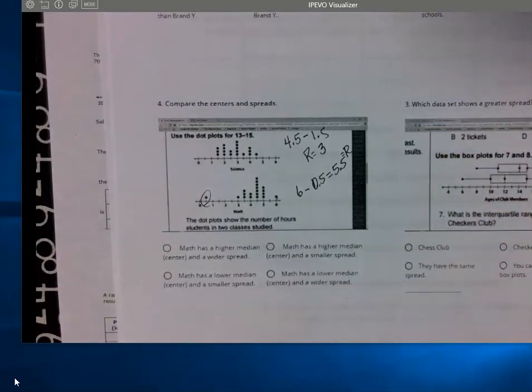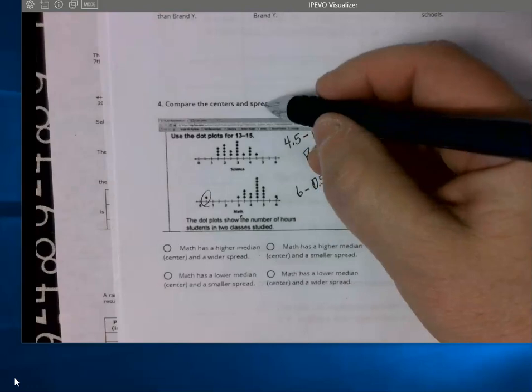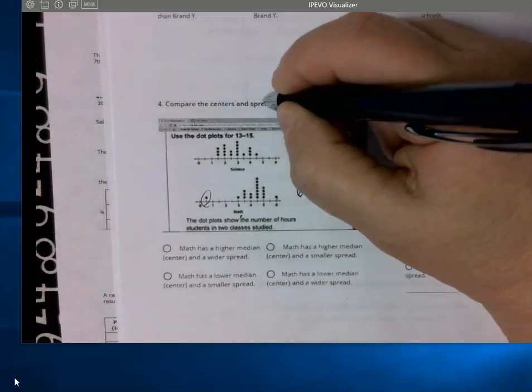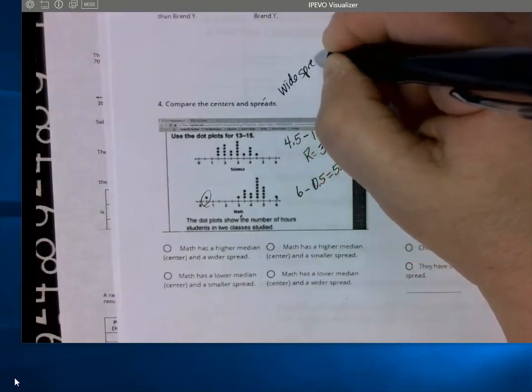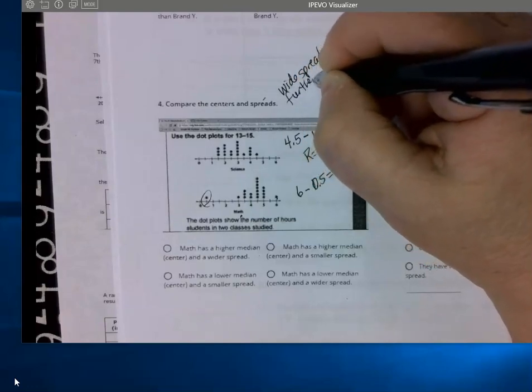So obviously, math has a higher range or spread, meaning that they are further apart. When it has a wide spread, then they're further apart.